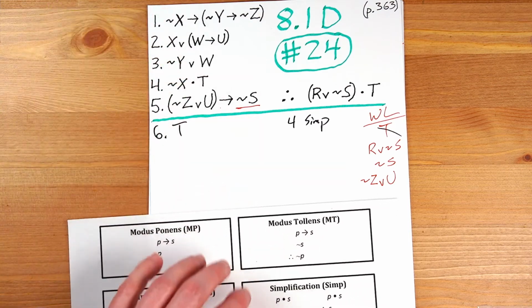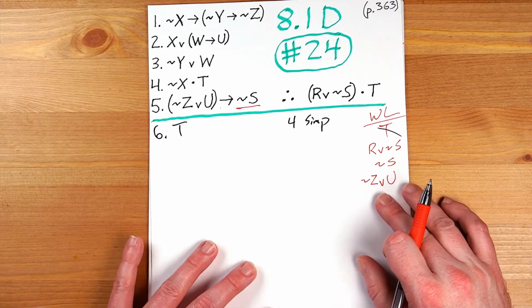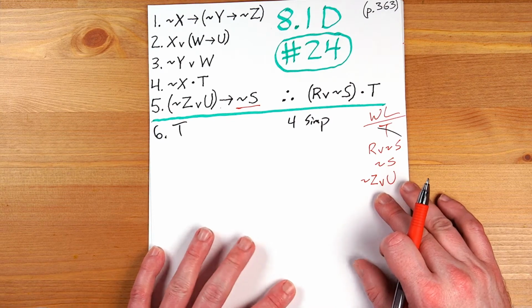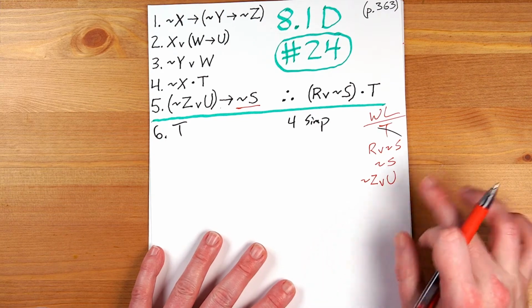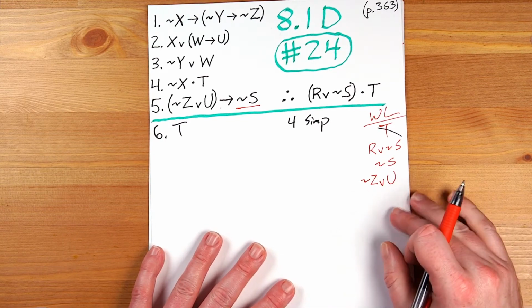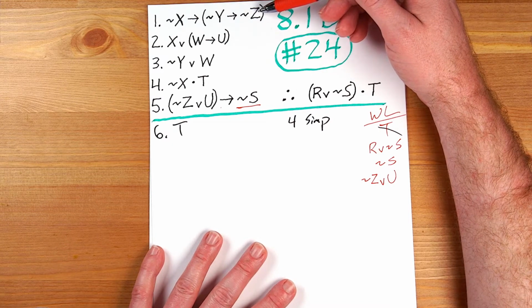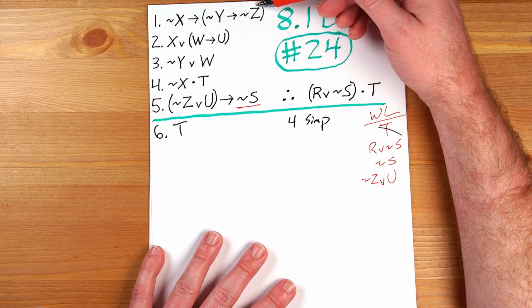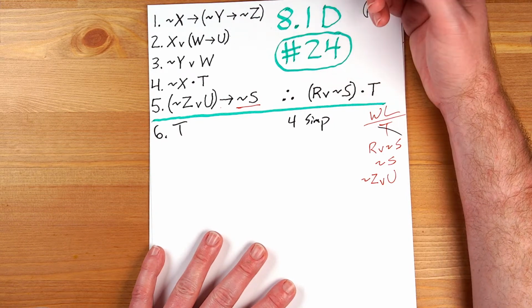And how could we get the left side of 5? It again is a disjunction. So of course, like before, if we could just get one side, we could add the rest. Is there a way we could get that? Well, we see not z up there. We see u right there.